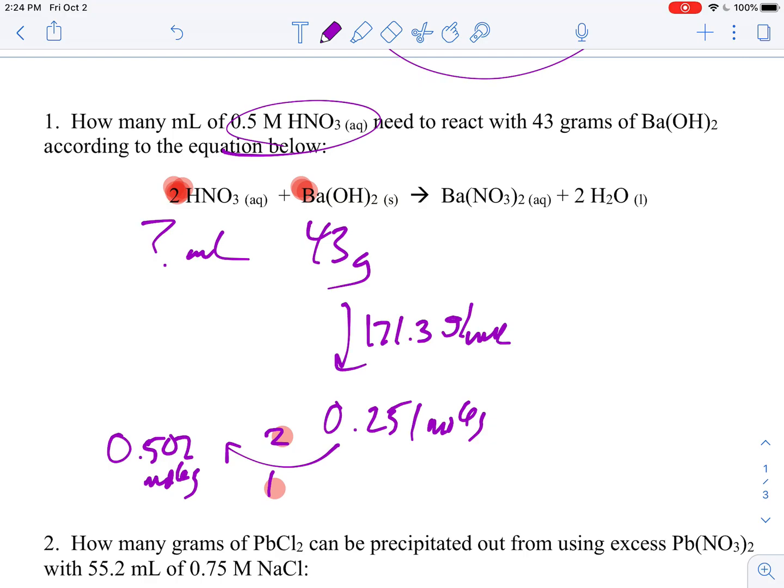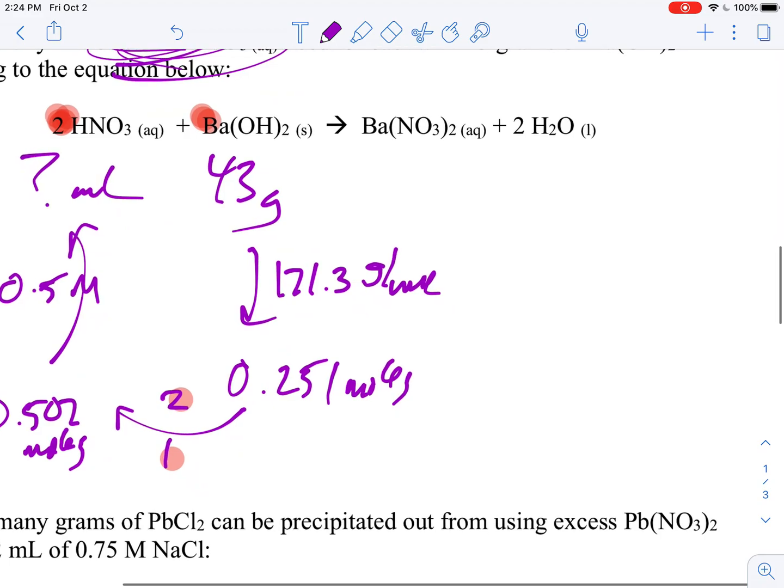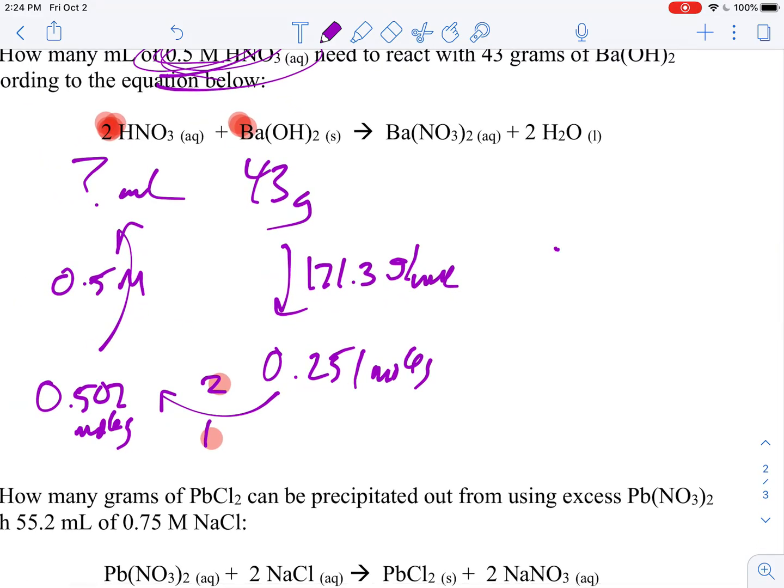Now I want to get from moles to liters. In order to do that, I need to know what the molarity is, and they told you it was 0.5 molarity. So now you use your equation: molarity is equal to moles per liter.